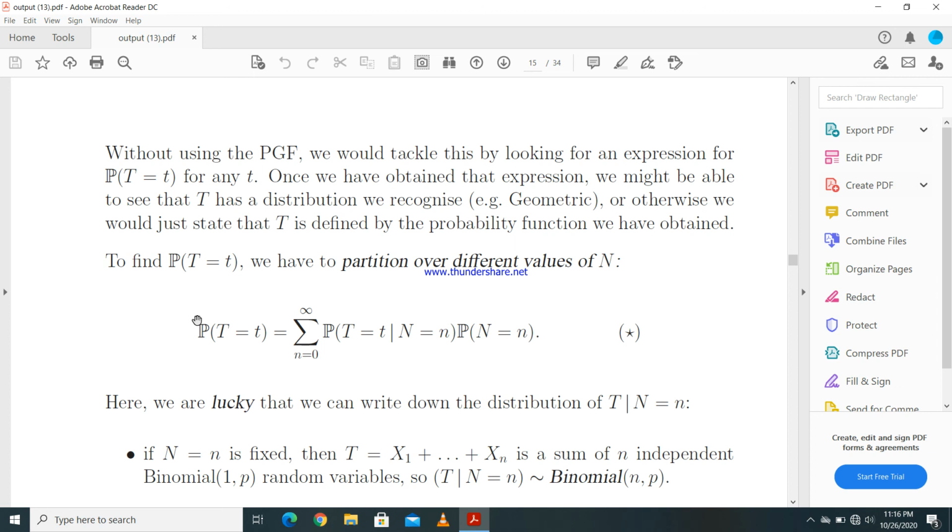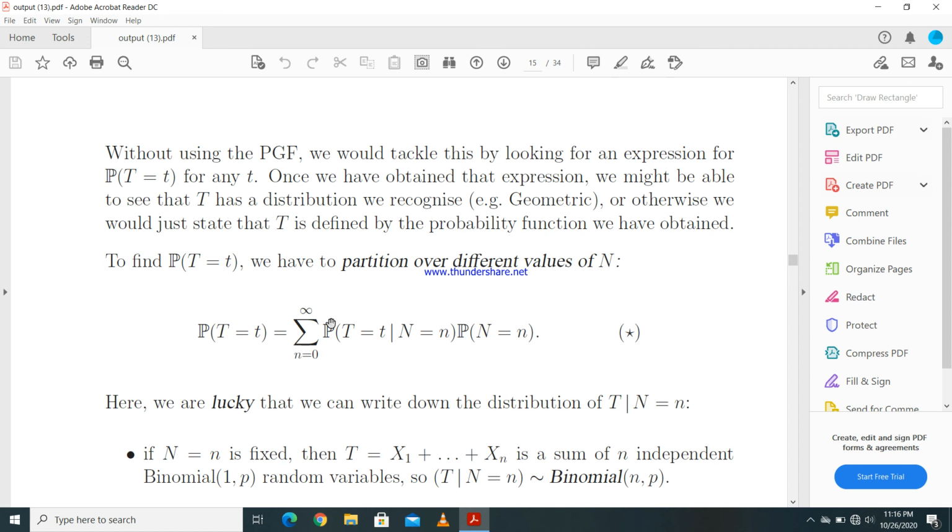In other words, if we are not using the probability generating function to tackle this problem, we have to start from the probability function. We have to define what capital T is. Capital T depends on capital N, so to find its probability you have to take the conditional probability.